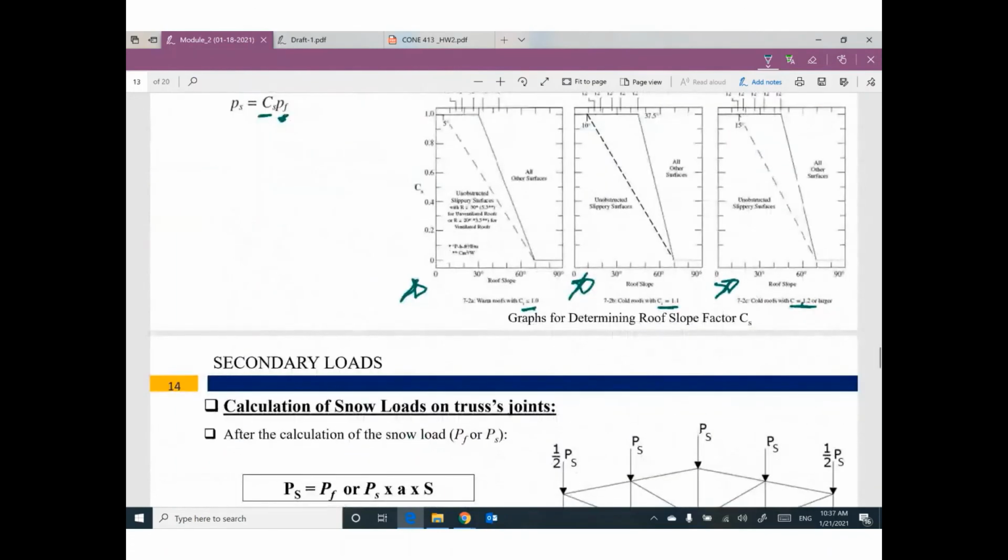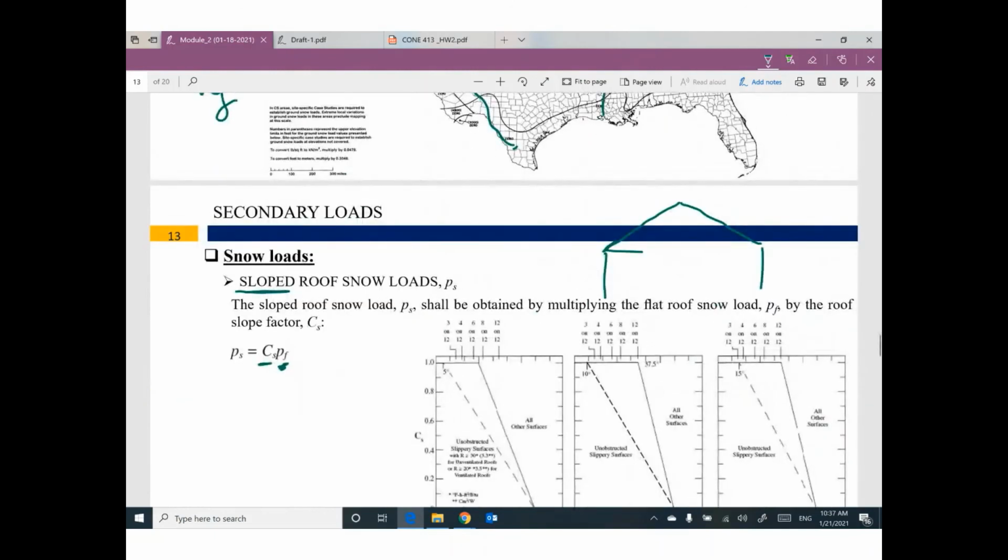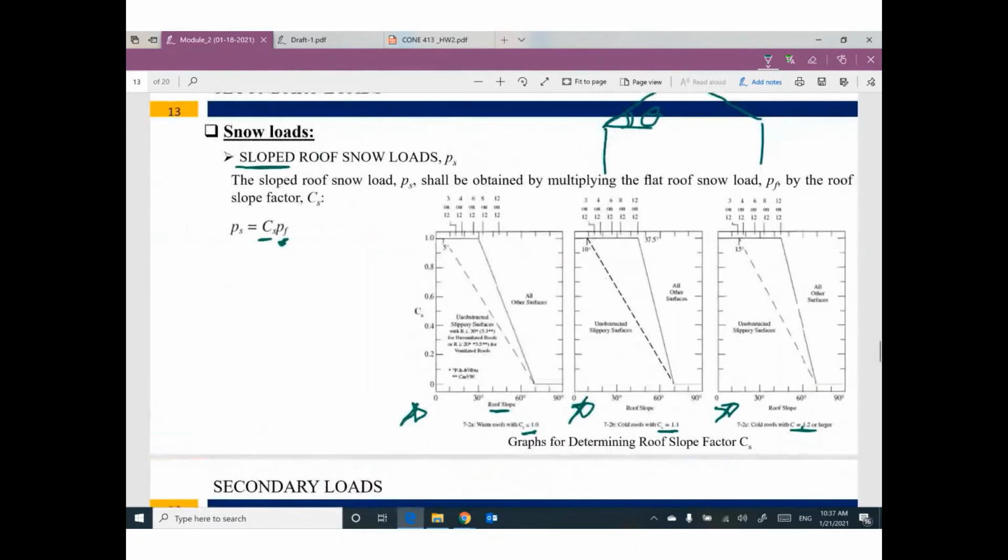I can use this one if CT is smaller than 1, this if CT equals 1.1, and this if CT equals 1.2. Based on the roof slope angle theta, I go up to hit this solid line, then I can figure out the value of CS.